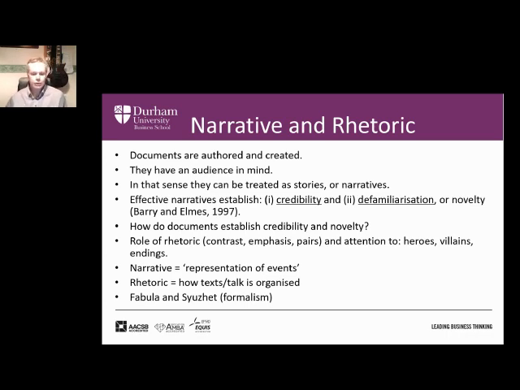There's the role of rhetoric. So what things are contrasted with each other, what things are emphasised, are there pairs that go together, sometimes called collocation. So there might be some words like rights, which in New Labour's language, New Labour that was in power earlier this century, always go with responsibilities. Rights and responsibilities always go together.